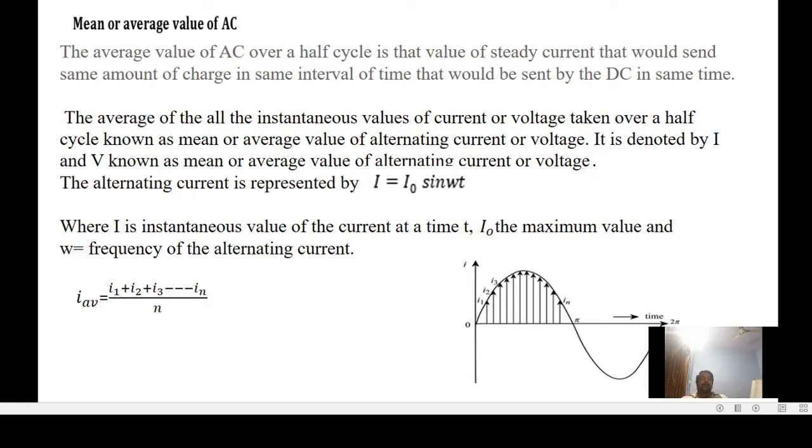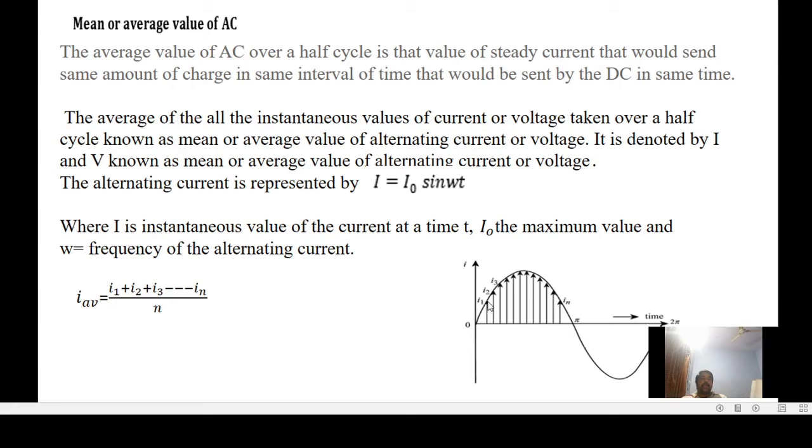Next, mean or average value of AC. In DC, the value of voltage or current remains constant, but an alternating current or voltage changes from instant to instant, which is represented by a sine wave. The value of alternating current or voltage at any particular instant is called the instantaneous value.